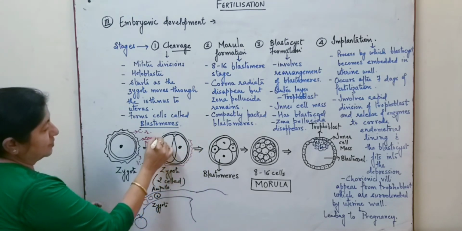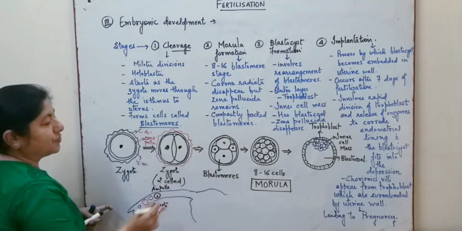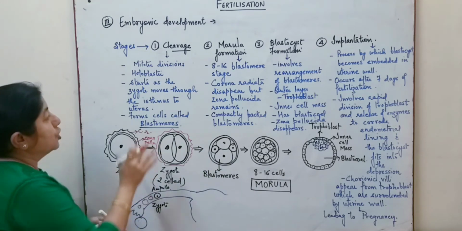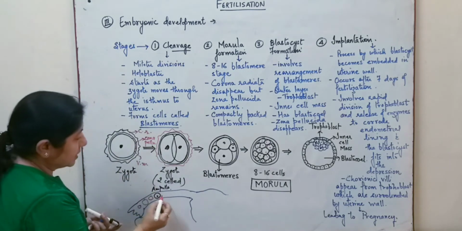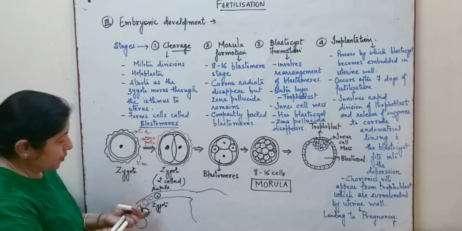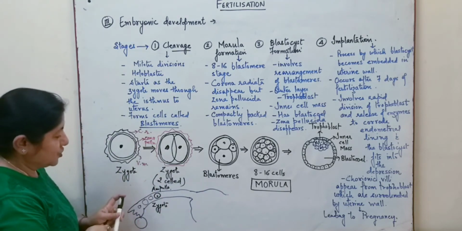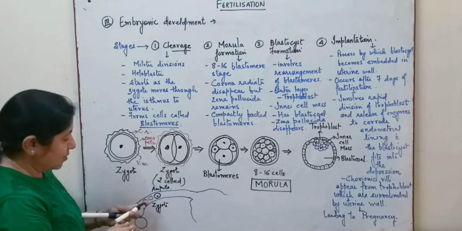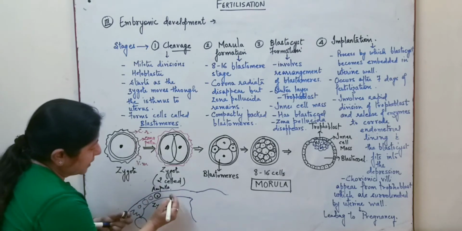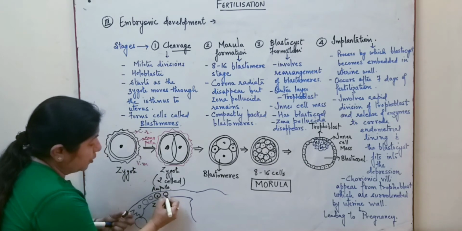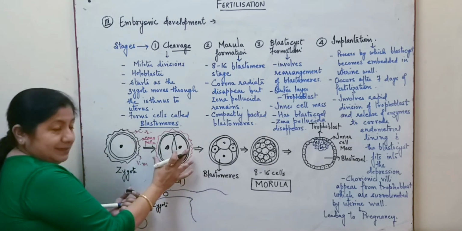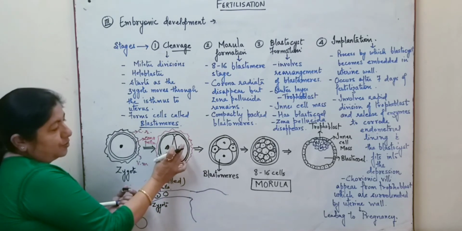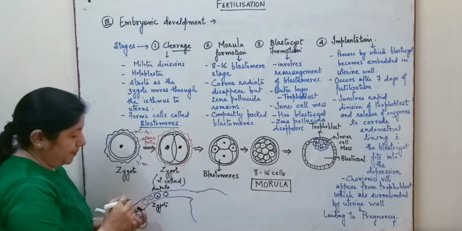The zygote, as it moves through the isthmus, moves towards the uterus. After the division has started, the zygote moves further into the fallopian tube, and there the division of the newly formed zygote takes place.